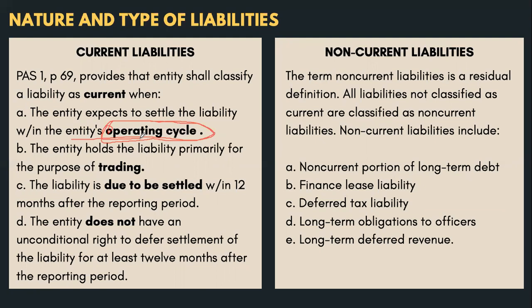But still, the liability is considered as current. They will settle the liability in 2 years or 1 year and a half, but that's part of their normal operating cycle. So still, it's a current liability because it's part of the entity's normal operating cycle. Okay, take note of that. As long as it is part of the normal operating cycle, its classification is current.